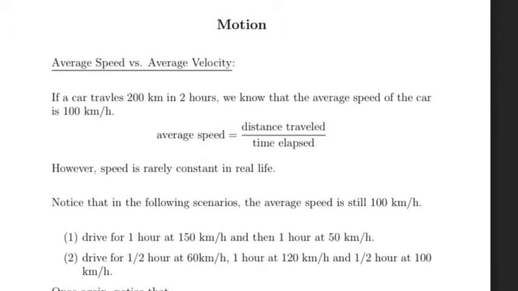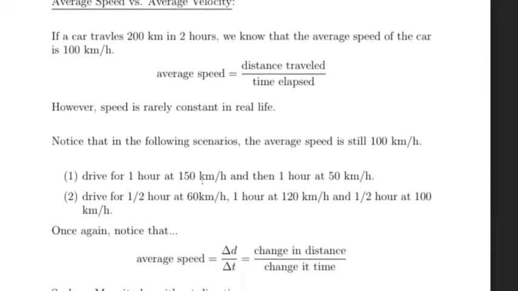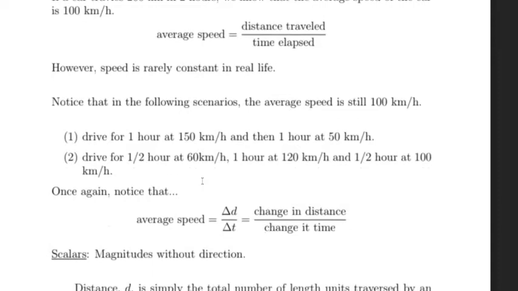Now, it is possible, though, to engineer situations where the average speed is still 100 kilometers an hour, but we do it differently. So, for example, you could drive for 1 hour at 150 kilometers per hour. You're really speeding. And then for 1 hour at 50 kilometers an hour, let's say you get stuck behind some construction or whatever is going on, and so everything is slowed right down.